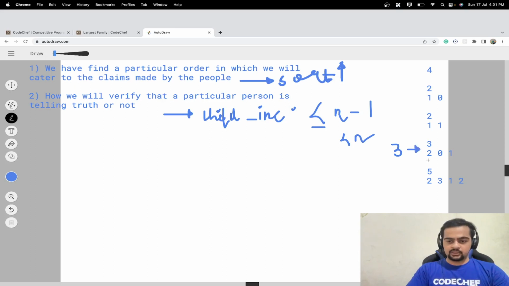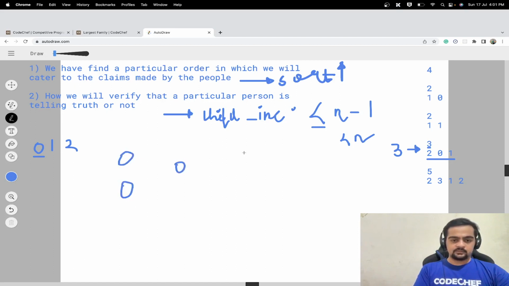Just to do a trial run on the approach. So initially we have three people over here and the array given to us is 2 0 1. In the first step we will obviously sort the array in increasing order. So the first person says that he is a parent of 0 children. Initially children included was 0.